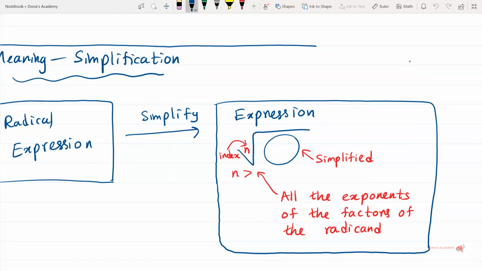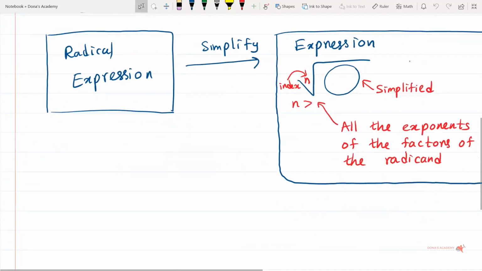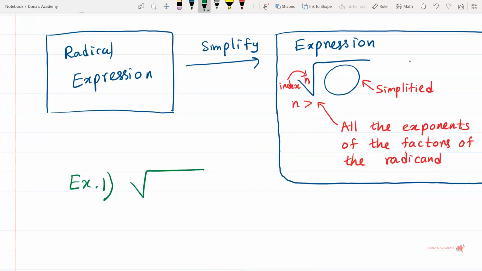So let me give some examples. How about this? Is it simplified or not? My first example is the third root of x^5 y^2. Now, is the radicand simplified? Yes, we see positive exponents, and we see each term, x and y, only once.